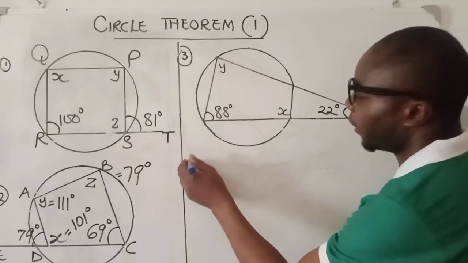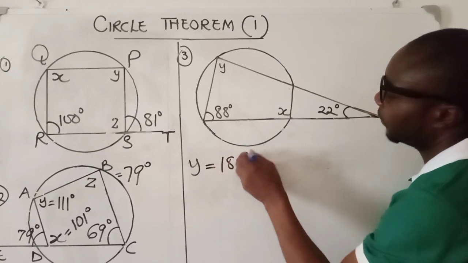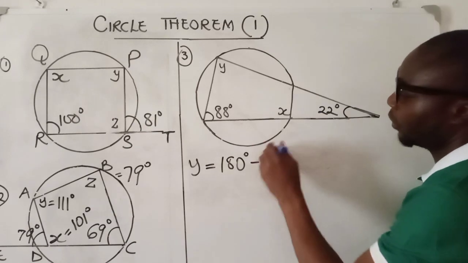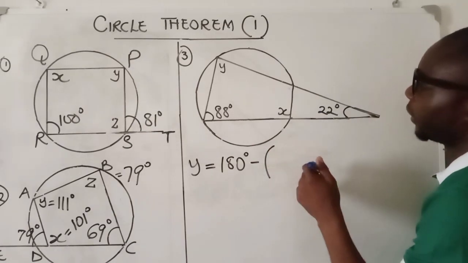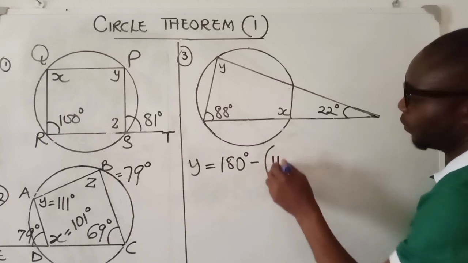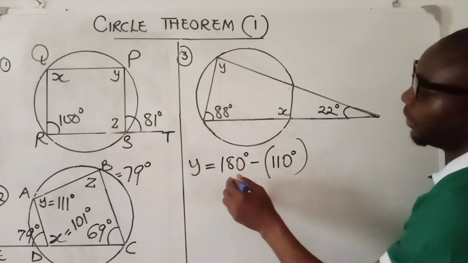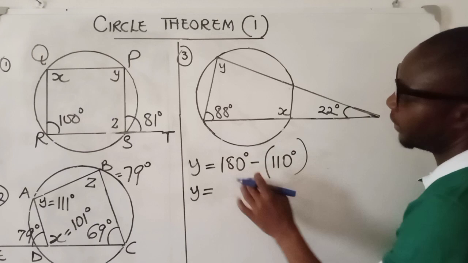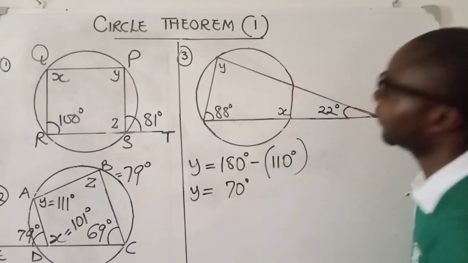So to get y, we simply say 180 degrees minus the sum of 88 plus 22. 88 plus 22 is equal to 110 degrees. So the value of y is equal to 180 minus 110 degrees, and that's 70 degrees.